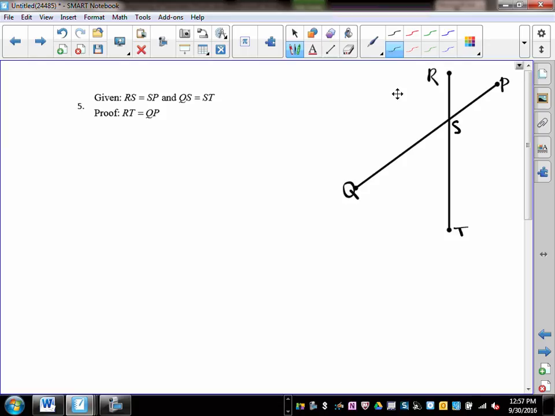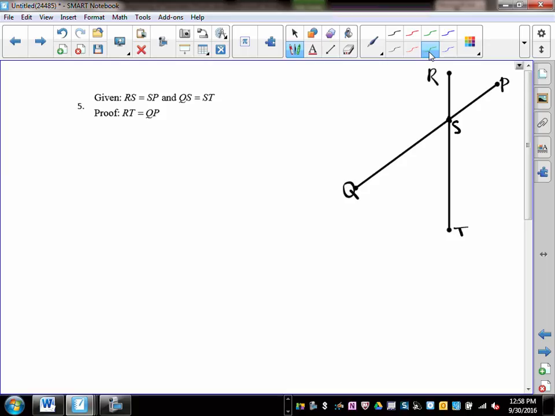So we have 2 intersecting line segments, and for your own visual sake, notice the given to us is RS and SP are congruent, and then SQ and SP are congruent. All right. Are we good with our picture?